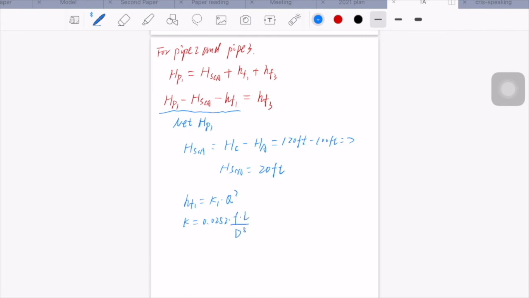The problem gave us the length of pipe 1 equals 8,000 feet, f1 equals 0.02, and the diameter of pipe 1 equals 2 feet. So we can determine K1 equals 0.126.